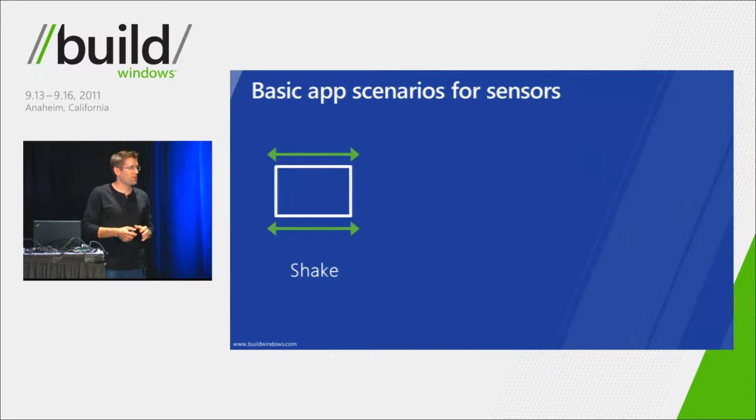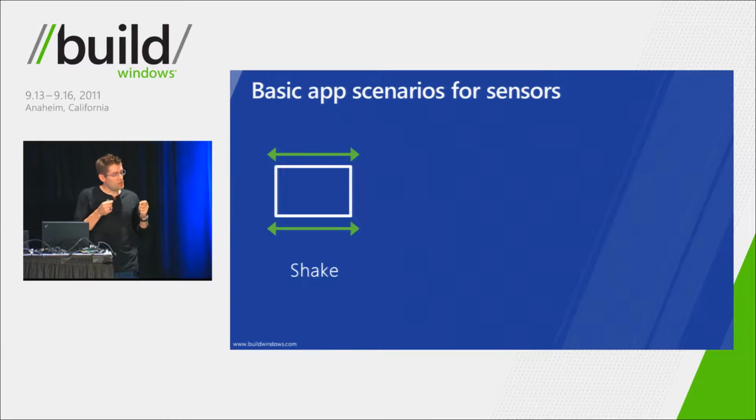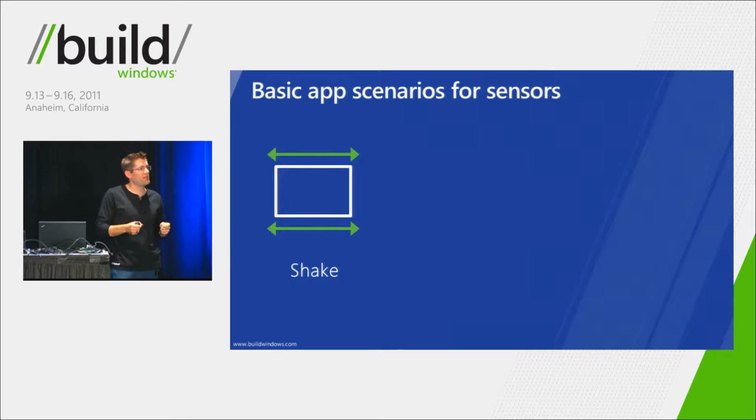So it could be as simple as shuffling media or refreshing some experience or web page or drawing application for that matter. Users kind of get the fact that they can shake their device, and if the app supports it, the app can automatically do something for them.